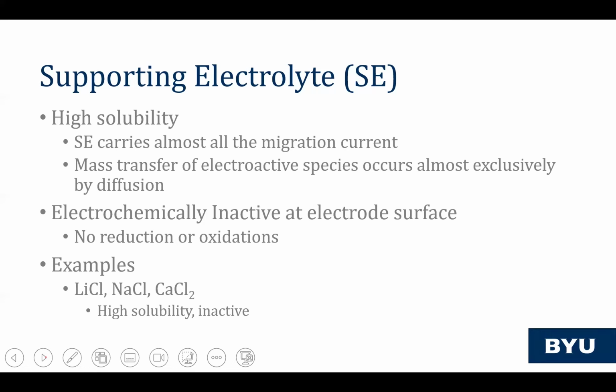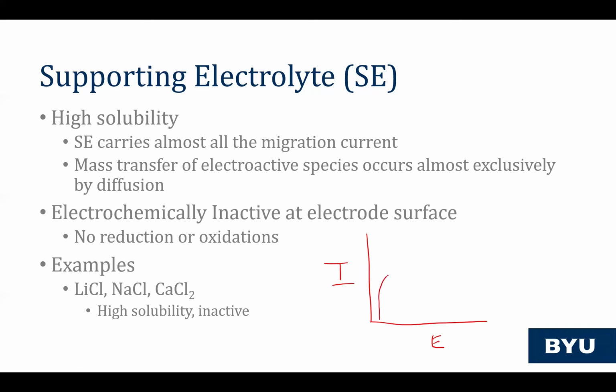And so you'll want to use something that's inert enough that you have some window where you can interrogate your species of interest. So for example, if this is my current versus potential curve, and if this is the limit of my species, and here's my limit as well, I want to add species that won't react near where I have my electroactive species. So let's say my electroactive species will start to react here.